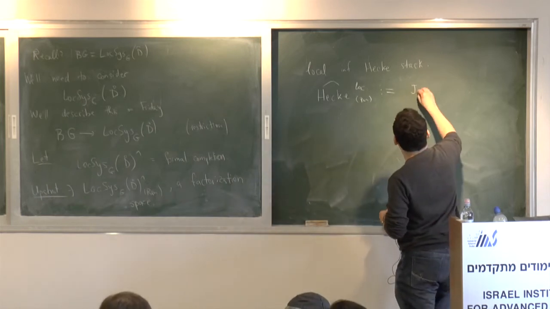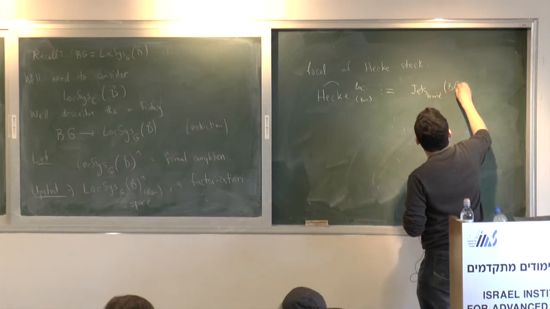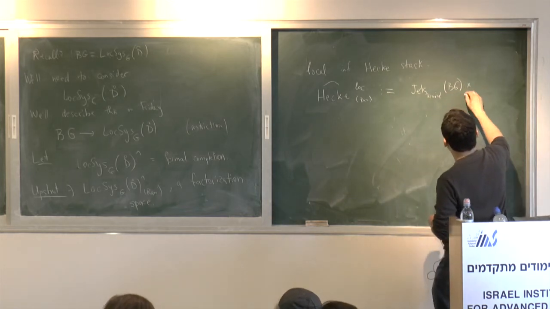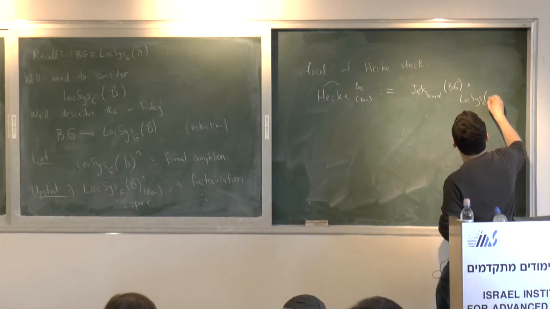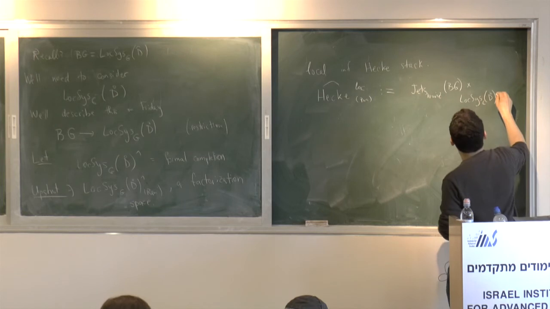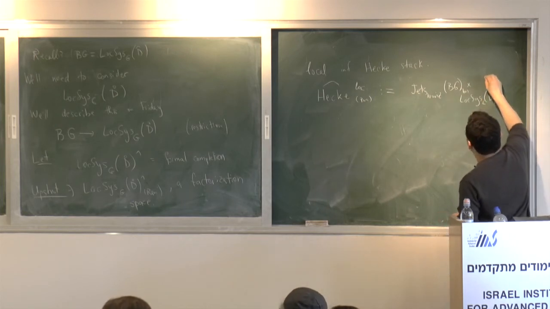So it's jets crossed over BG. This is all over the Ran space, like this.